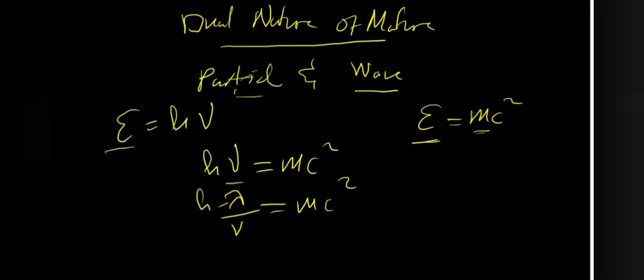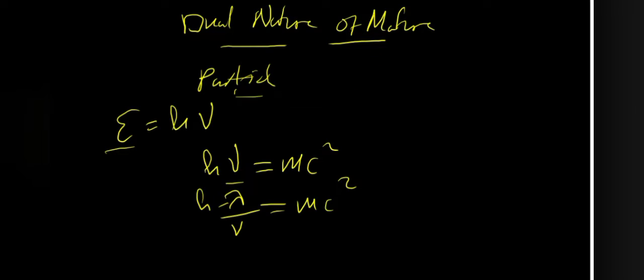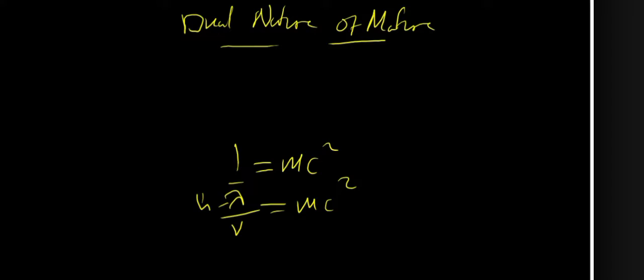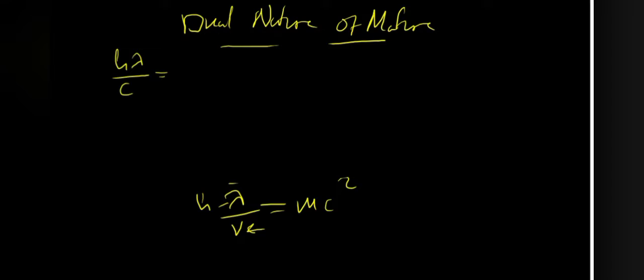So it is this equation which was further rearranged. Now, instead of saying velocity, we can use the velocity of light, which is c. That is going to give us h times c over wavelength equal to mc squared. And I've swapped these two. They are not actually supposed to be like this.